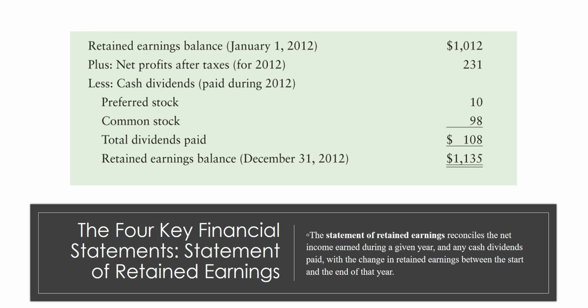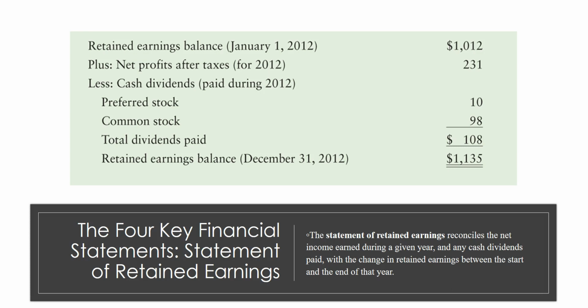We'll also quickly cover the statement of retained earnings. The statement of retained earnings reconciles income earned during a given year and any dividends paid. It looks at how that changes the retained earnings balance from the beginning of the year to the end of the year. So this company had a retained earnings balance on January 1 of $1,012. They had net profit after tax of $231.